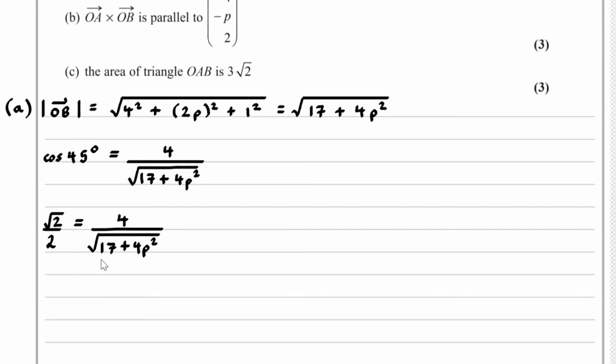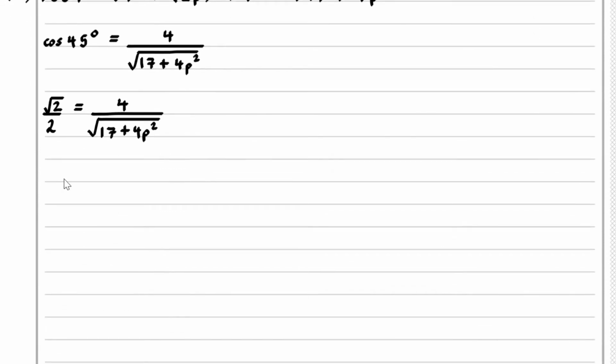as we see here. And then if we square both sides to find out what p is, we have 1/2 equals 16 over 17 plus 4p squared.